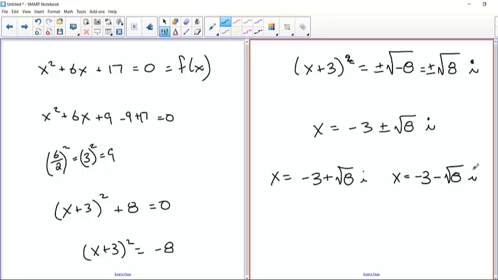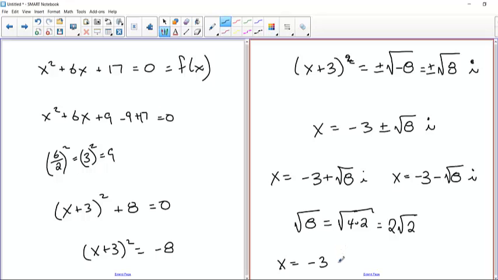Now we can simplify this by rewriting the square root of 8 as the square root of 4 times 2. You can simplify these things if the number inside the square root is some perfect square times another number. So 8 is 4 times 2. 4 is a perfect square, so the square root of 4 becomes 2 outside the square root, and then we're left with the square root of 2.